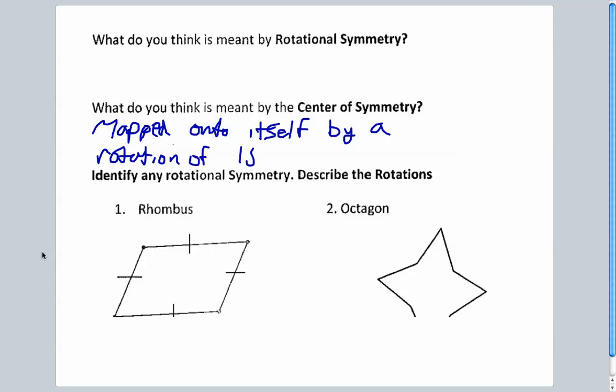That's it. If I rotate 180 degrees or less, then I've got, and I just put that in, center of symmetry.